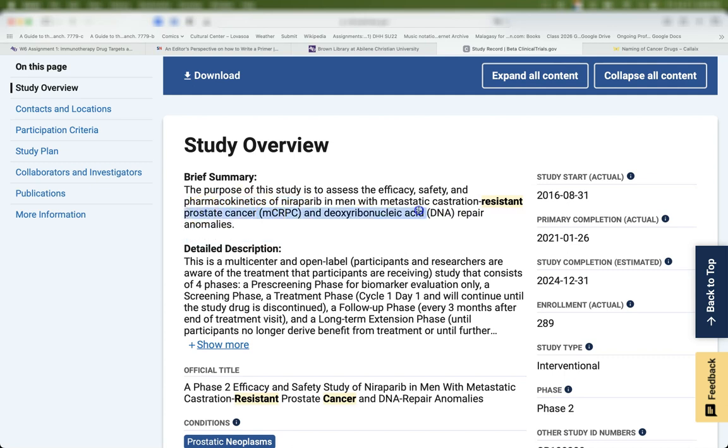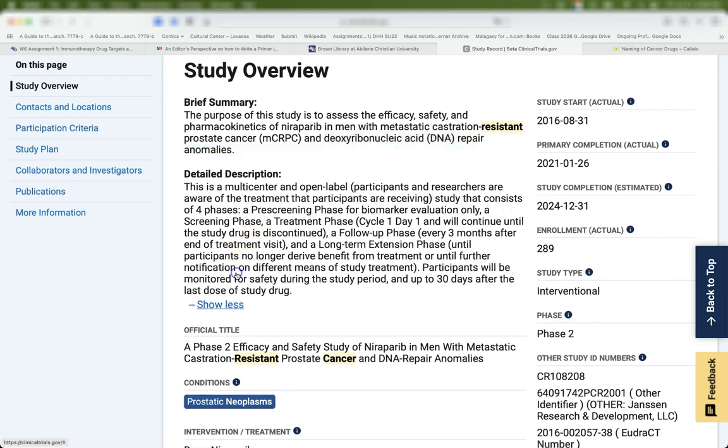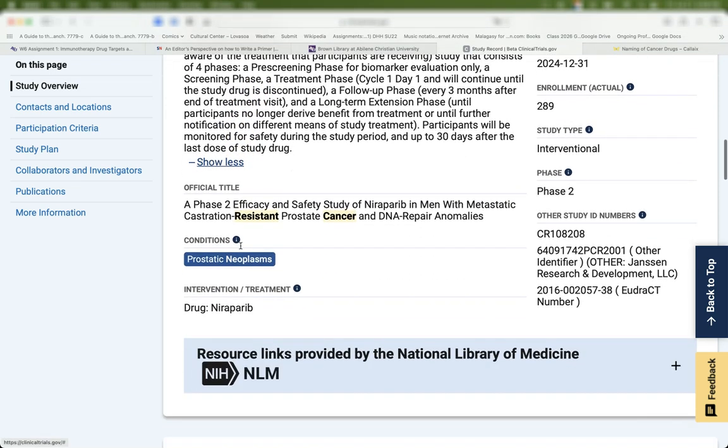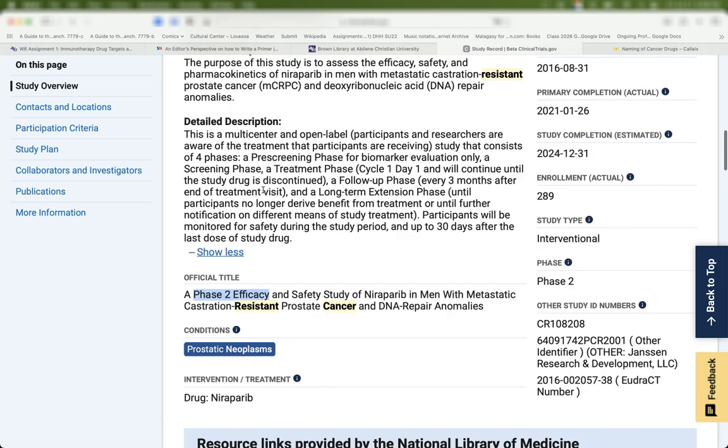They're treating this type of cancer and repair anomaly. So that is going to be a mutation of some sort. When it happened, we're not going into that right now, but we see that the trial has a number of different things. They're on phase 2. So they've been through phase 1, they've made it to phase 2.